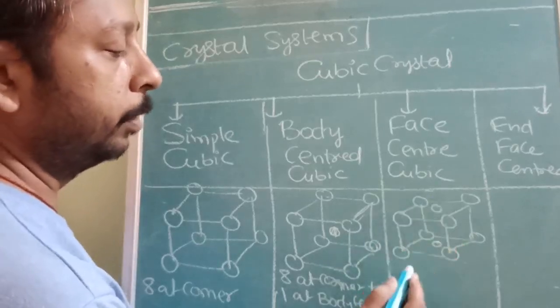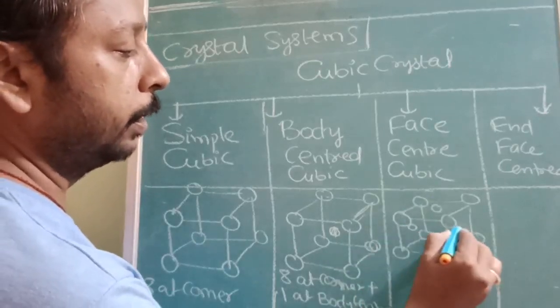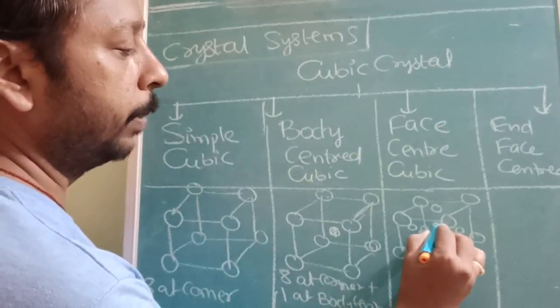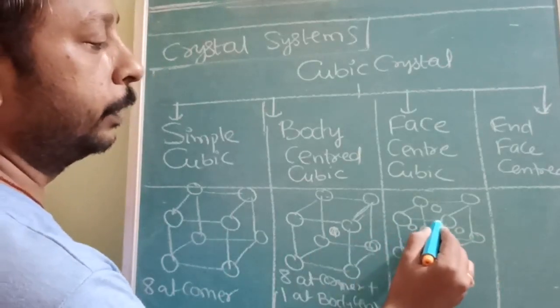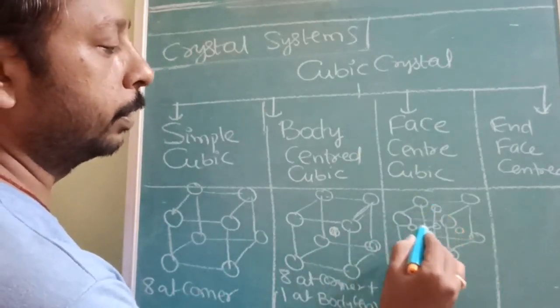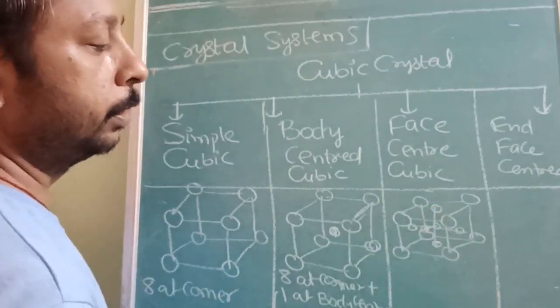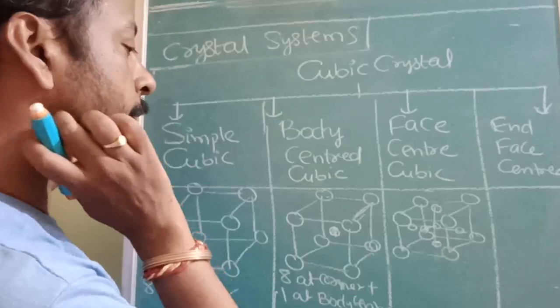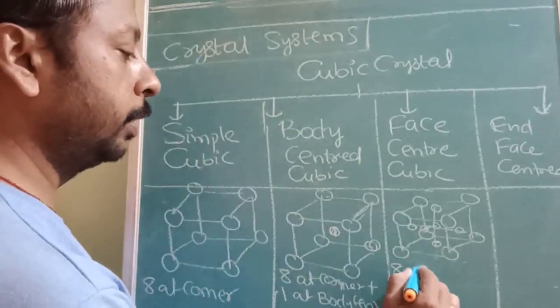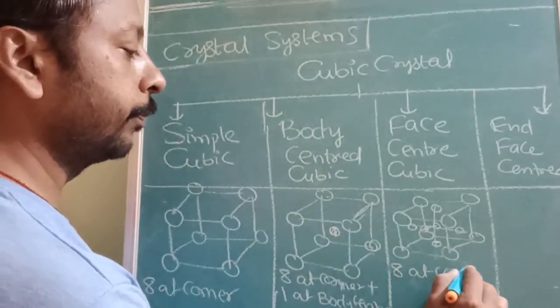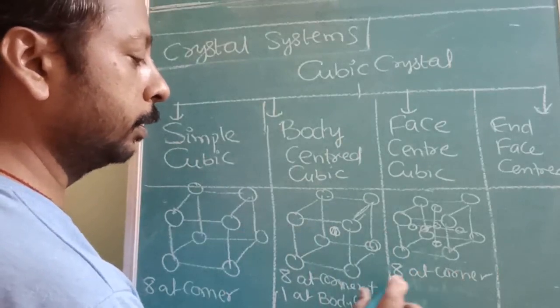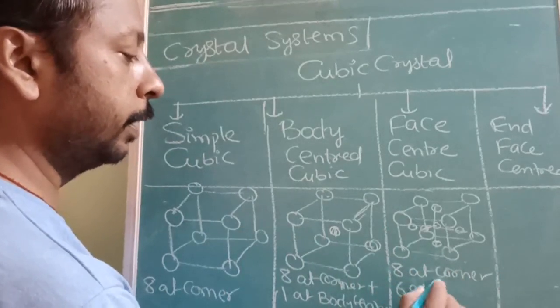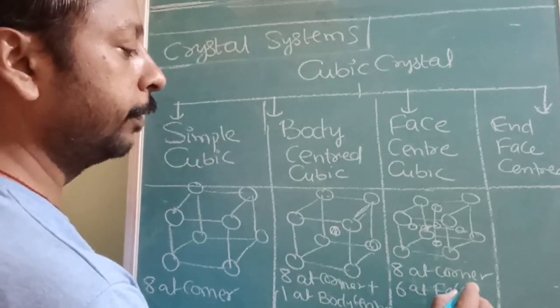Top and bottom, left and right, front and back. So 8 at corner is a must, plus 6 at face center.